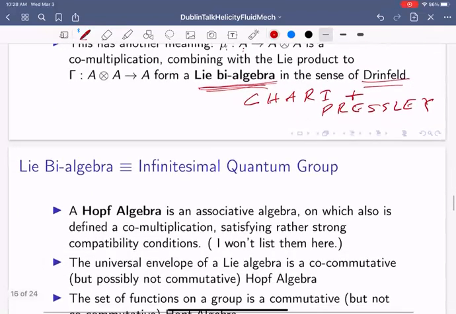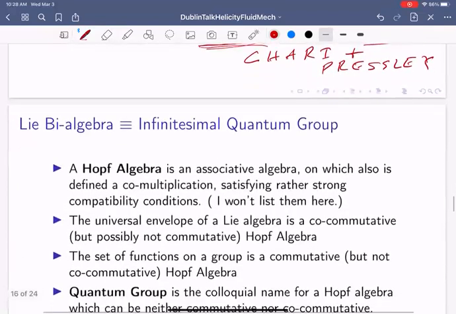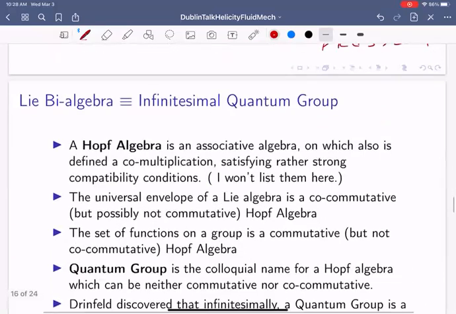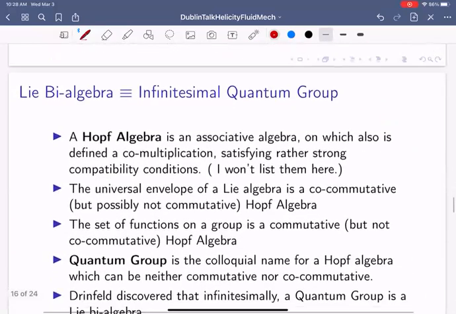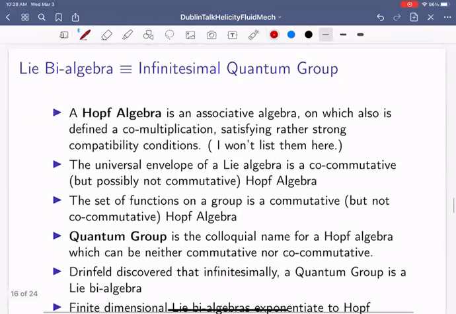Now I think that maybe there is something more to be learned by extracting more information out of all that math. So why is a Lie bialgebra interesting? That is the next topic I want to talk about. What is the meaning of a Lie bialgebra?